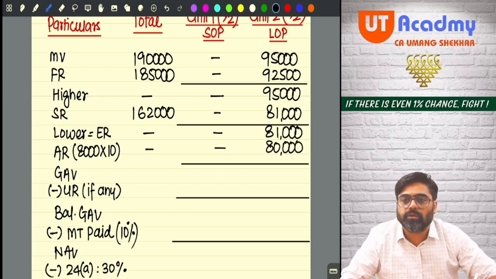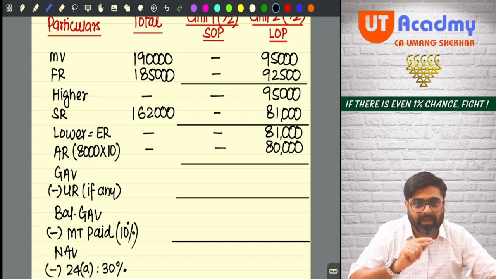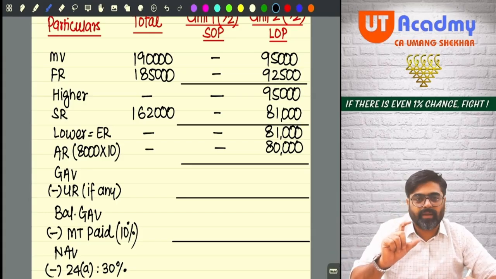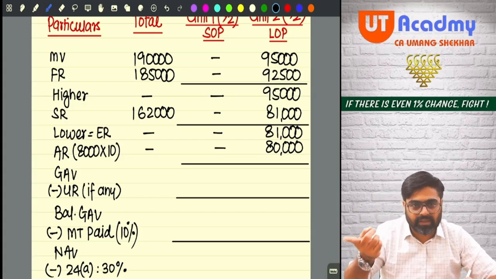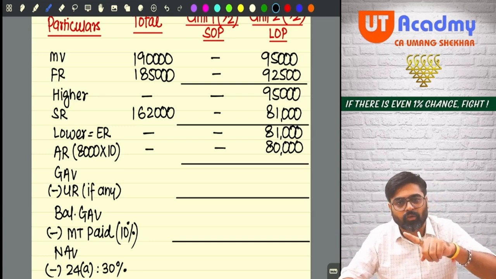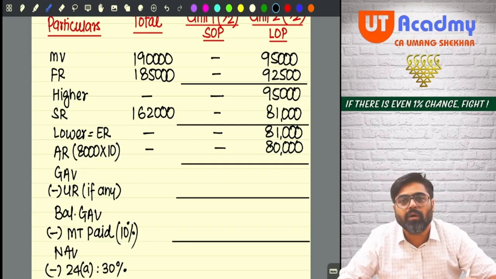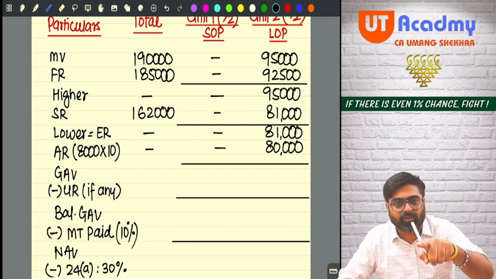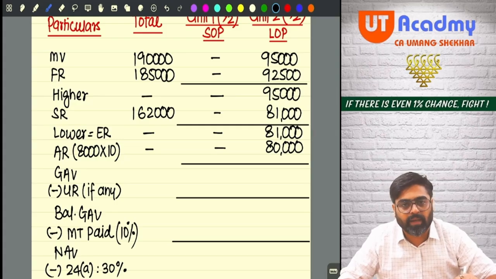Yes. Reason could be vacancy. So let's add the vacancy rent to 80,000. Vacancy period rent, 2 months into 8,000, will give me 16,000. 16,000 plus 80,000 taken together will be 96,000. 96,000 is still more than 81,000, no? That means the reason for my actual rent being lower than expected rent is vacancy.